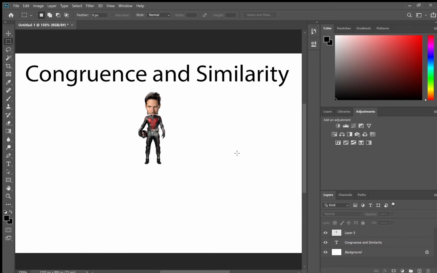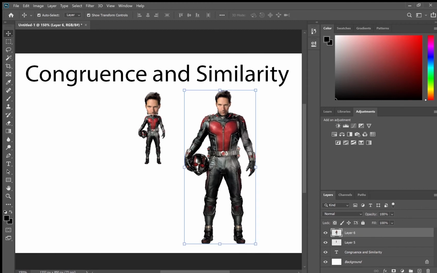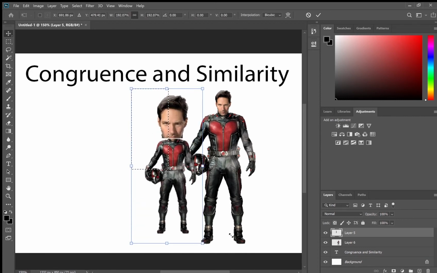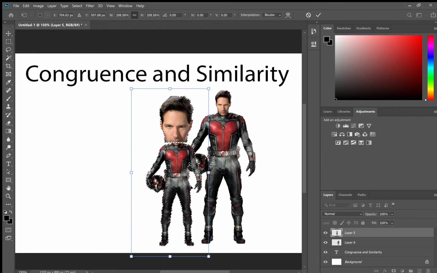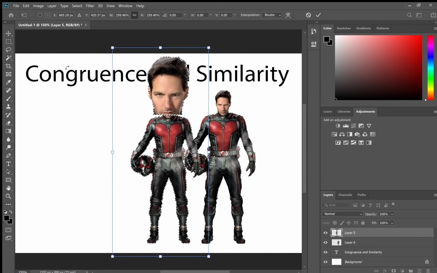And again, if I were to take original Ant-Man and move him over here, I would not be able to take this Ant-Man and dilate him up to match the other one perfectly. If I make the body the same size, the head is really, really disproportionately large.